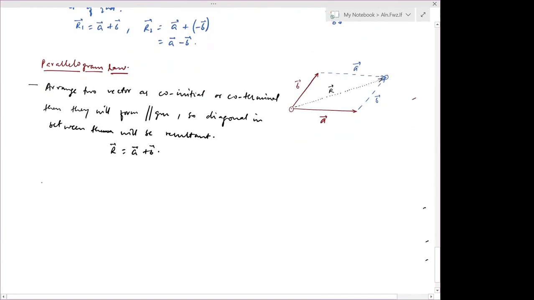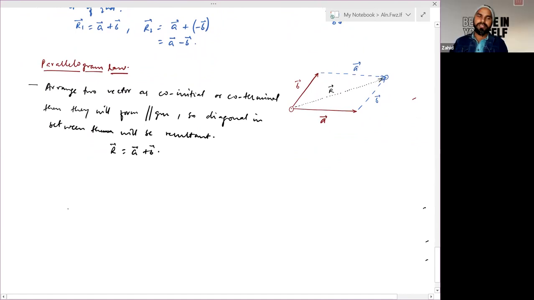Okay. Next is, if you have to add more than two vectors, then we'll use the polygon law. As we know, addition is nothing but a binary operation, which means it is defined for two terms at a time. Similarly, if you have to add so many vectors, first try to arrange them to form consecutive vectors.